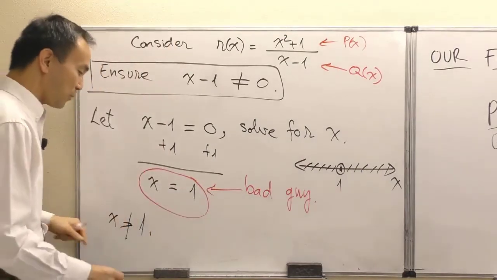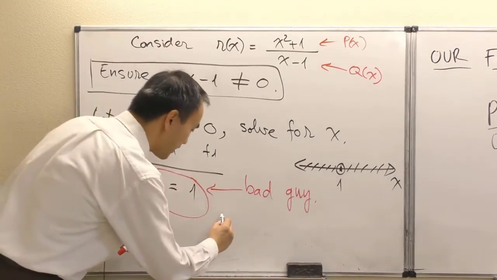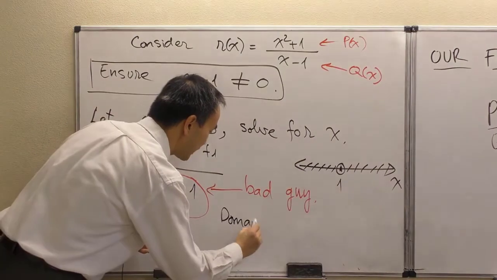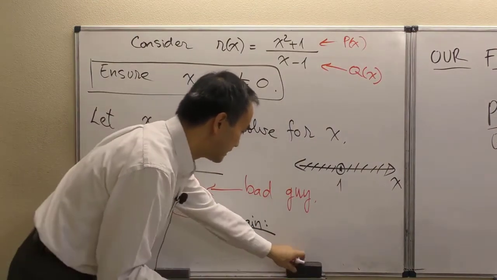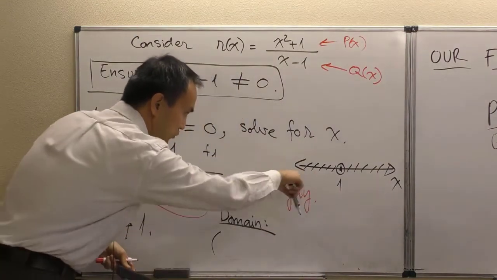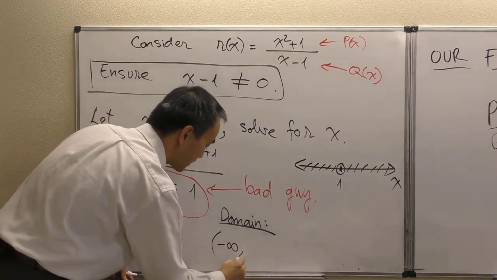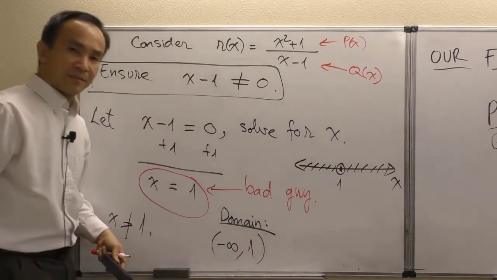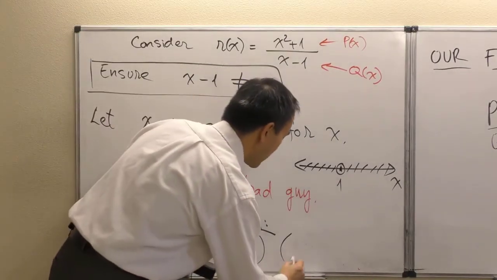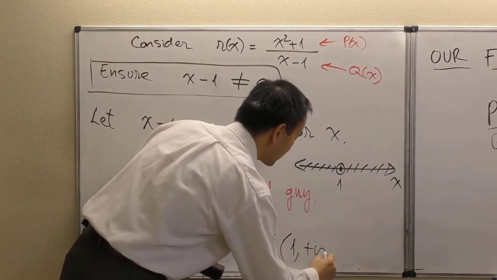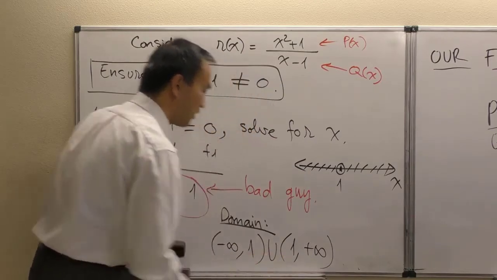Now, formally speaking, in interval notation, the domain of this function is as follows. We have an interval to the left of 1, that means anywhere between negative infinity and 1. And we have another one between 1 and positive infinity. And now we take the union.